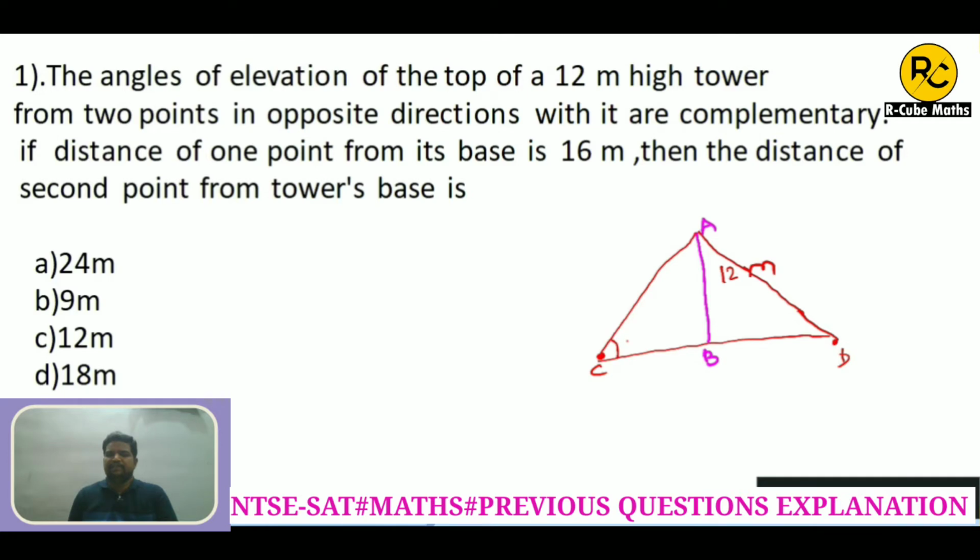Let this angle of elevation be theta and this one becomes 90 minus theta.